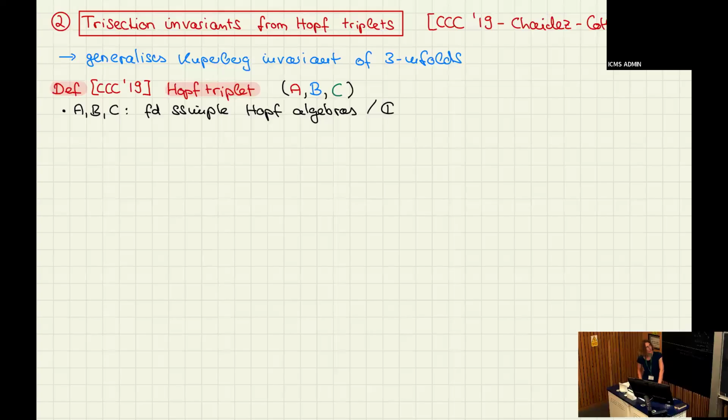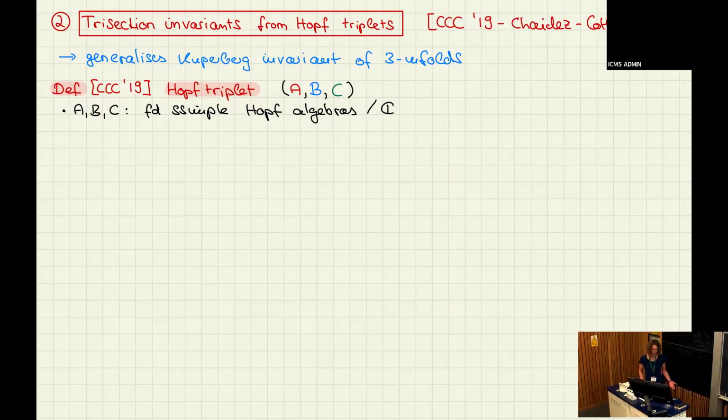I say the field is C. This can be done in more generality, but it's easiest over C. And the Hopf algebras should be finite dimensional and semi-simple. Here I've already drawn them in color. So one Hopf algebra belongs to the red curves, one Hopf algebra to the blue curves, and one to the green curves, always in the color in which they're written, and also in the color of their letters.